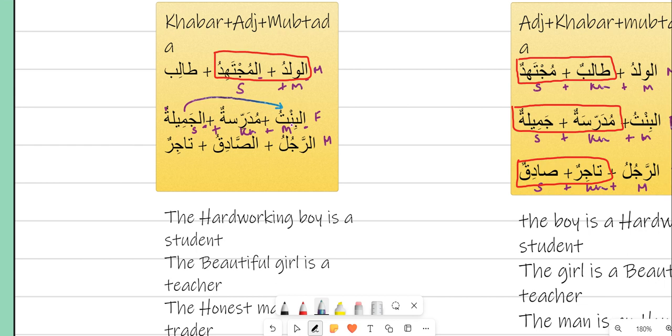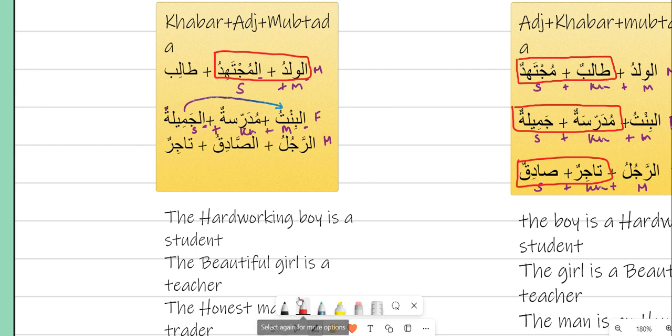So the sifa is for bint, not for mudarrisa, even though al-jamilatu is coming after the khabar. It may change its place, but we have to check the structure. So in Arabic, it may happen. You have to check every time the structure, the gender, the haraka, everything you have to check. So there is another example, ar-rajulu as-sadiqu. So here you can see the sifa and the mubtada coming together.